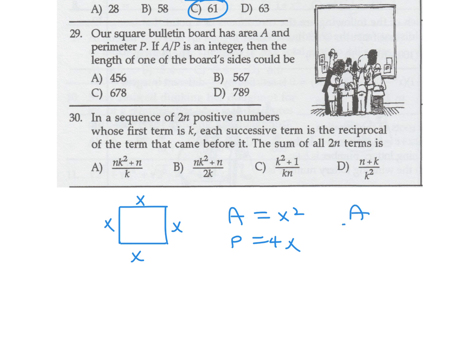So A over P would be X squared over 4X, which is equivalent to X over 4. They're saying that this is an integer, and the only way it can be an integer is if X is divisible by 4. And of the answer choices, the only one that's divisible by 4, I believe, is A.